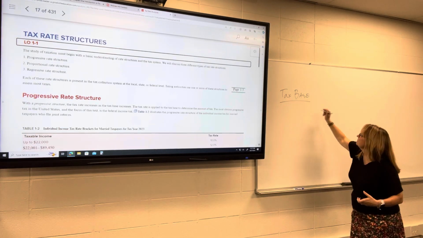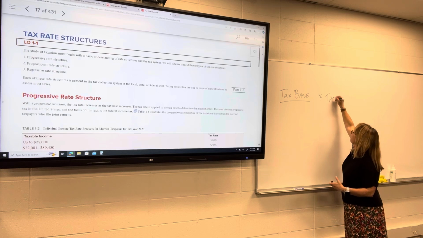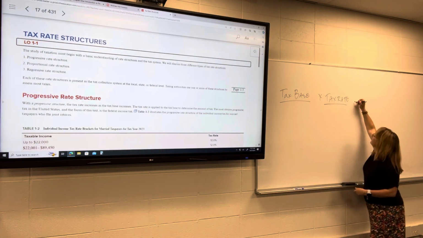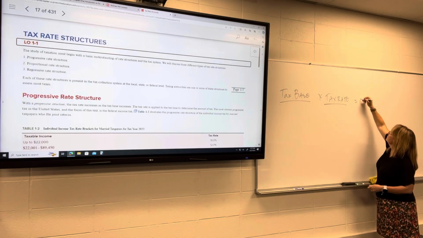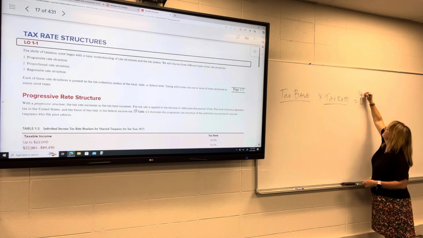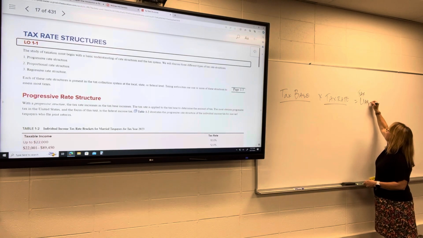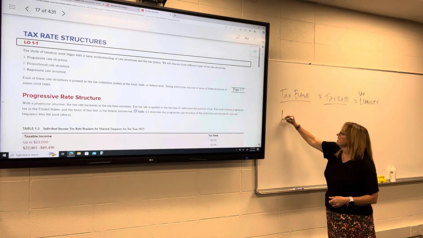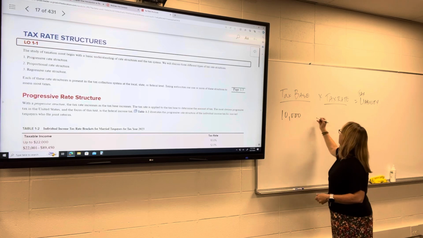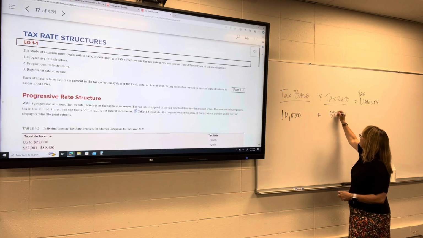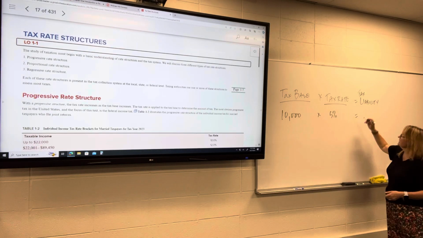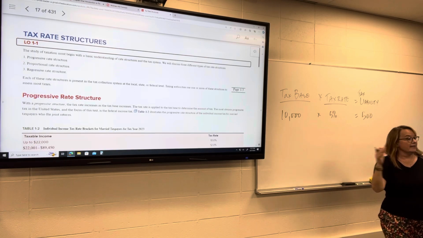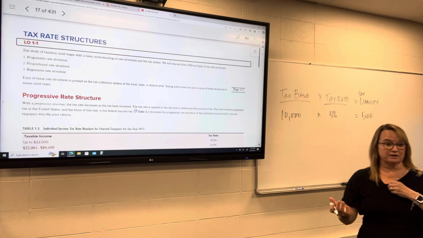So tax base times our tax rate is going to equal our tax liability, right? So if we have a $10,000 tax base and our tax rate is 5%, our tax liability is going to be $500. Okay, and that holds true for any type of tax.